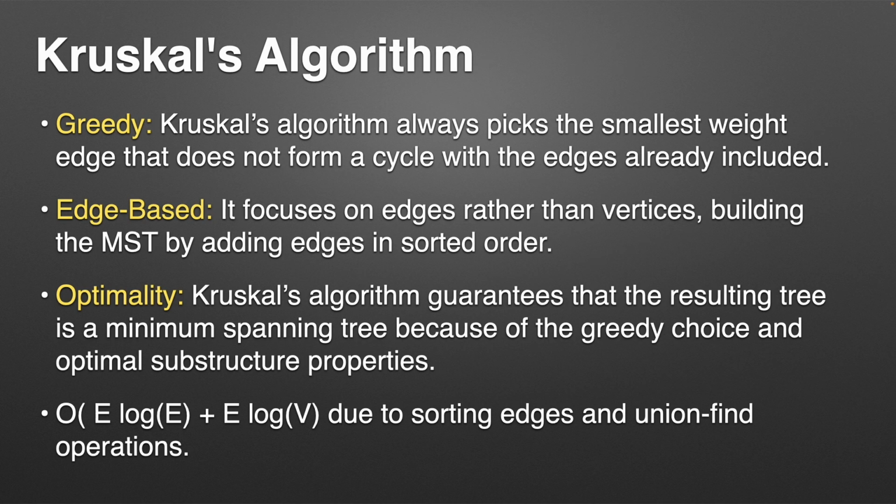Okay, so let's talk about the second algorithm that we have that does this. This is called Kruskal's algorithm, and it is also a greedy algorithm, and it takes a slightly different approach than we saw with Prim's. With Prim's algorithm, we were always having to look at edges and think about them, and this approach directly says, let's just look at edges and not focus on vertices so much, and we'll build our minimum spanning tree that way.